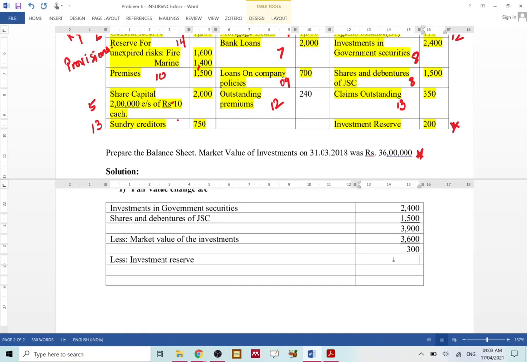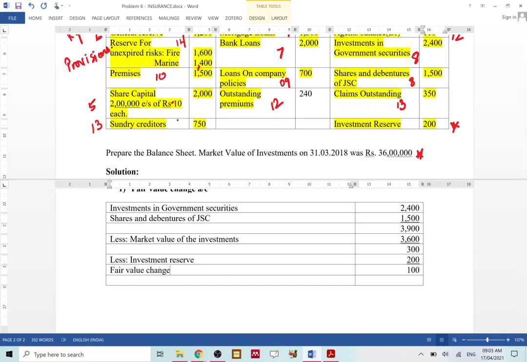It is already anticipated in the form of that provision. Same way an investment reserve is made. It's like a provision. So minus this provision from this investment reserve, and you will have the balance, which is the amount of the fair value change.